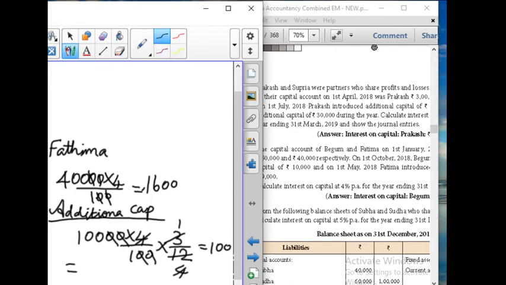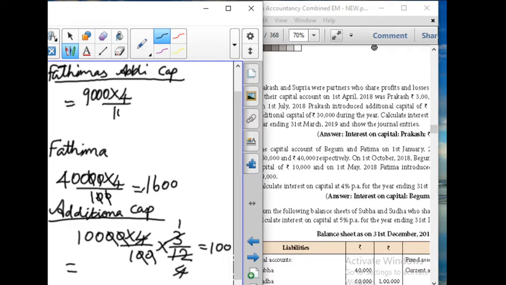Next, Fatima's additional capital. What is the amount? 9,000 into 4 by 100 into how many months? On 1st May 2018.